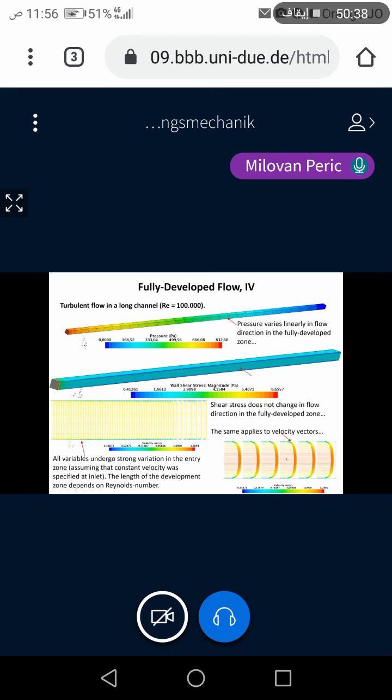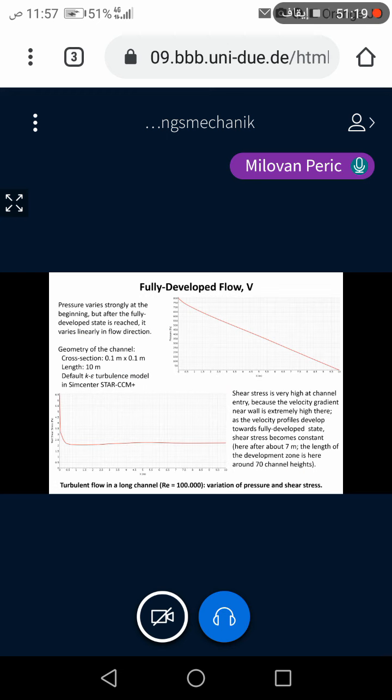It's not a parabolic profile with a maximum, well, it still has a maximum in the center, of course, but the variation between the mean velocity and the maximum is only maybe 10 to 15%, whereas in the laminar case, it's a factor of 2 in a plane channel with only 2 walls, and with 4 walls it's even more. So this turbulent profile is much more uniform, and you have a much higher gradient near the wall. So the velocity increases from 0 at the wall to a certain velocity near the wall over a very, very short distance. So this is a typical feature of turbulent flow.